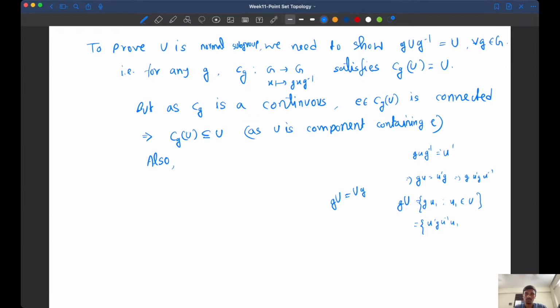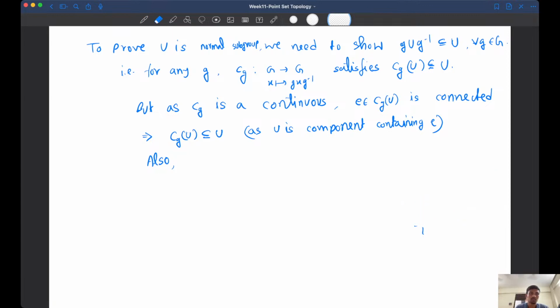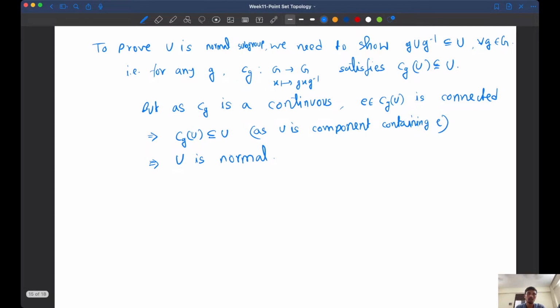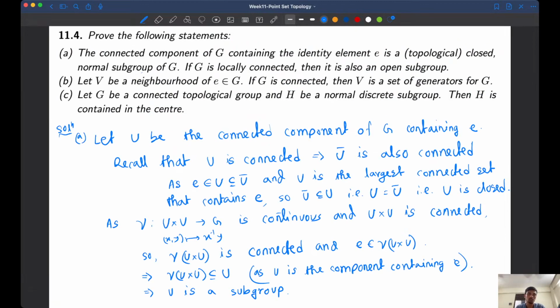This is actually a subset. This implies U is normal. Hence we have that the component of this is a closed normal subgroup of G.